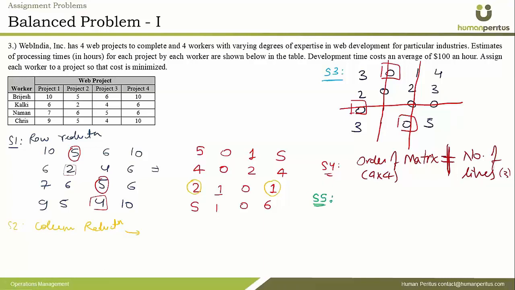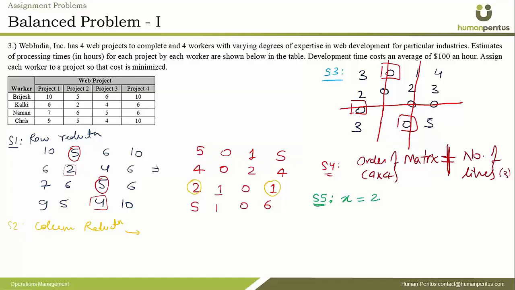Step 5 says that first I have to look for all the unassigned numbers, which are 3, 2, 3, 4, 3, and 5. And then I have to take the smallest value from all these unassigned values. It will be my x. And x here is 2. You can see 3, 2, 3, 4, 3, 5. 2 is the smallest value.